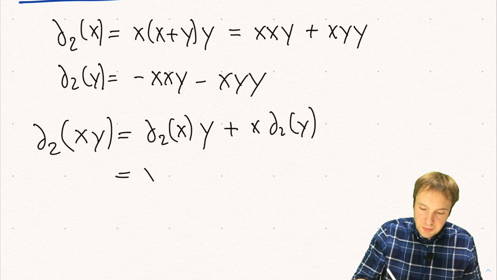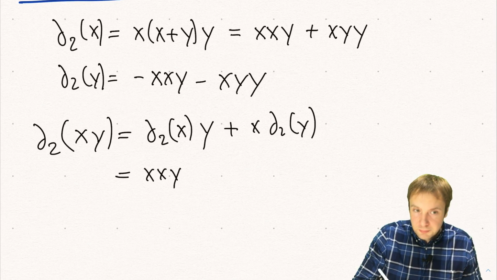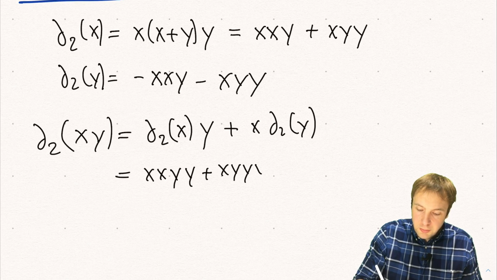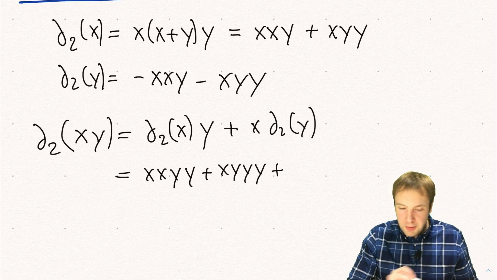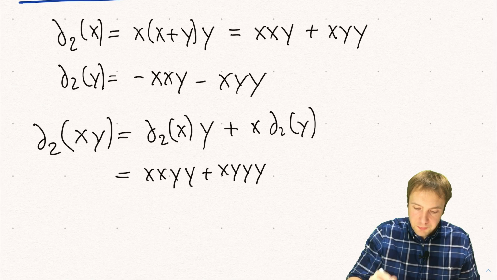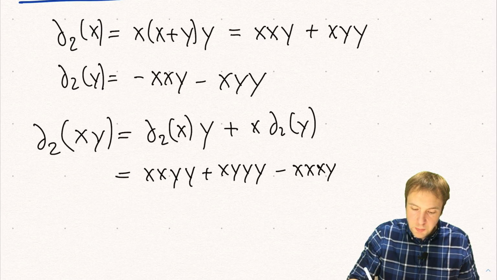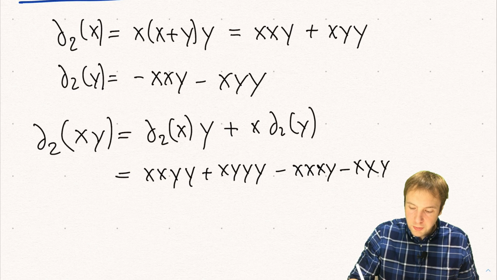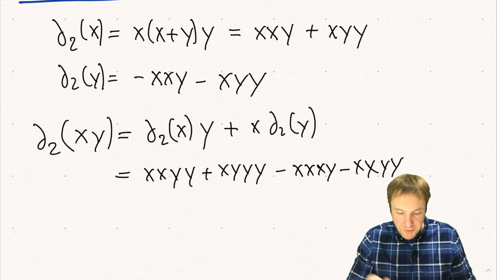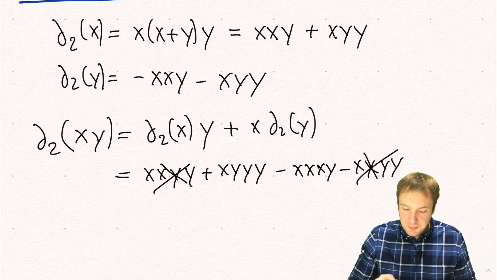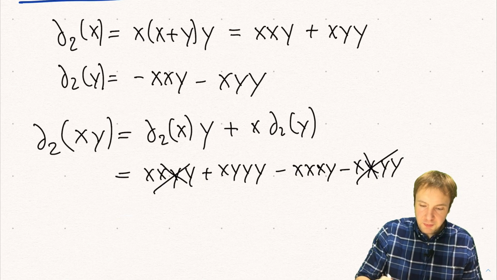So this is xxyy plus xyyy, and then minus, and then we put x in front of these guys, so xxyy minus xyyy. And we see this part here cancels out, and we just get these two words.